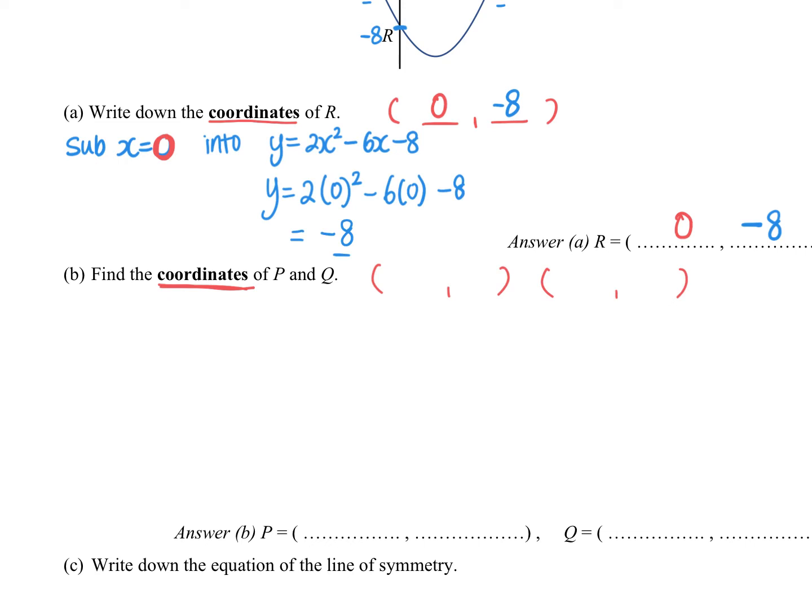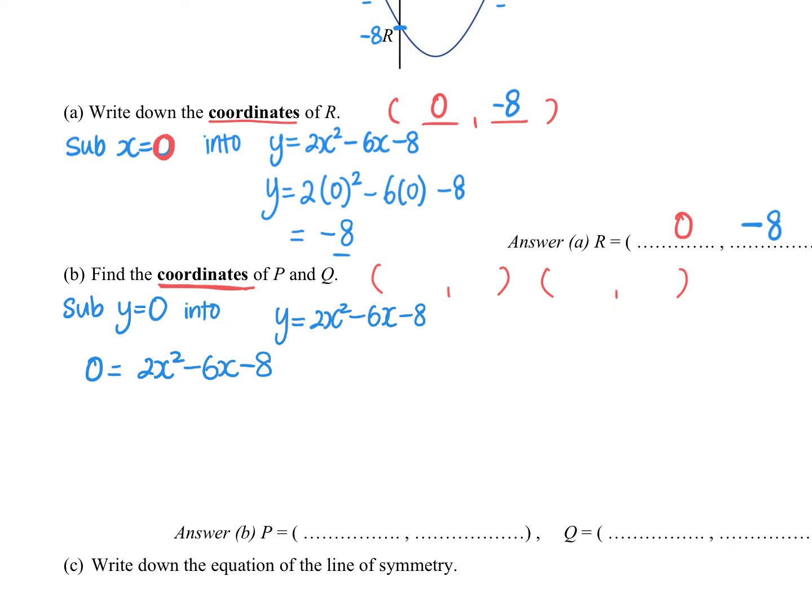What we are going to do is sub y equals 0 into our equation, y equals 2x squared minus 6x minus 8. It will become 0 equals 2x squared minus 6x minus 8. We need to be very careful about our solving of equations.